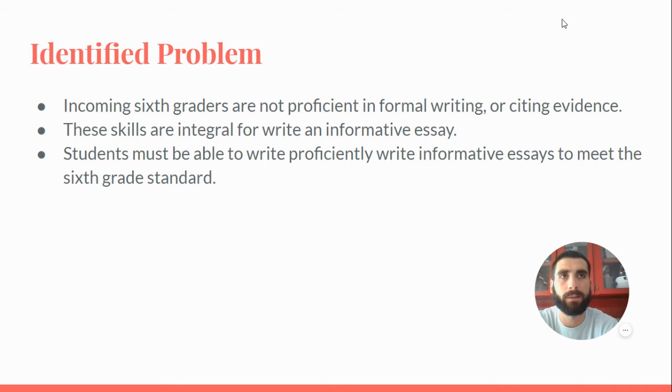So a lot of them are lacking formal writing skills, and many of them are unable to adequately cite evidence to support their writing. So we wanted to work on that as well while preparing them to avoid plagiarism in formal writing too.